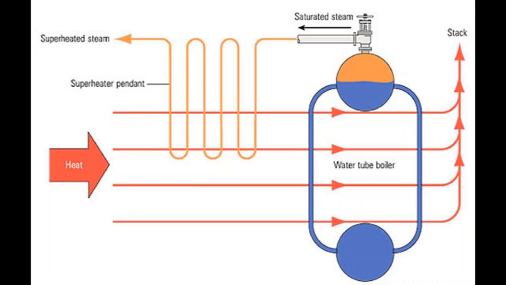As you see, the water flowing through the downcomer, they are actually in the saturated condition of water, and whatever heat we are adding in the furnace water wall, that is giving the latent heat of vaporization.